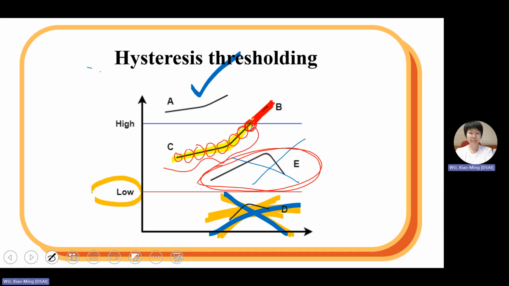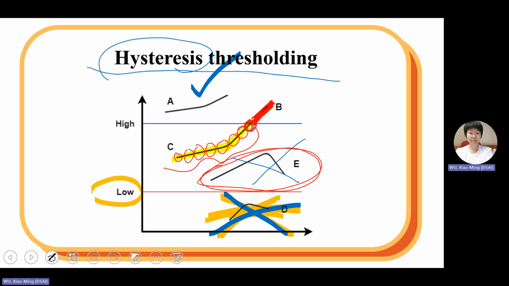So this is the underlying idea for hysteresis thresholding. Hysteresis is a physics term. It means when we consider the current situation, we also need to consider the past conditions.